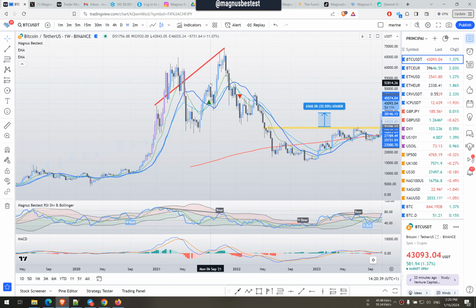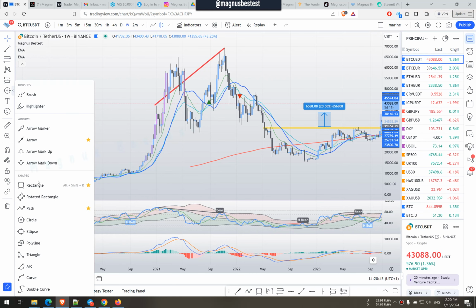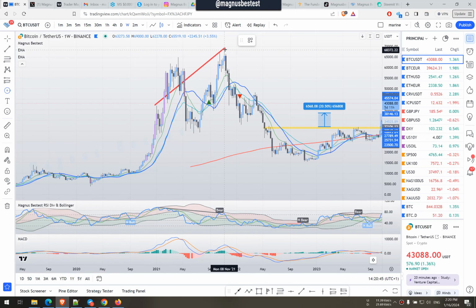It's actually very simple. You just take a circle and mark it to the end of the line. So it's here, more or less, when the divergence starts.